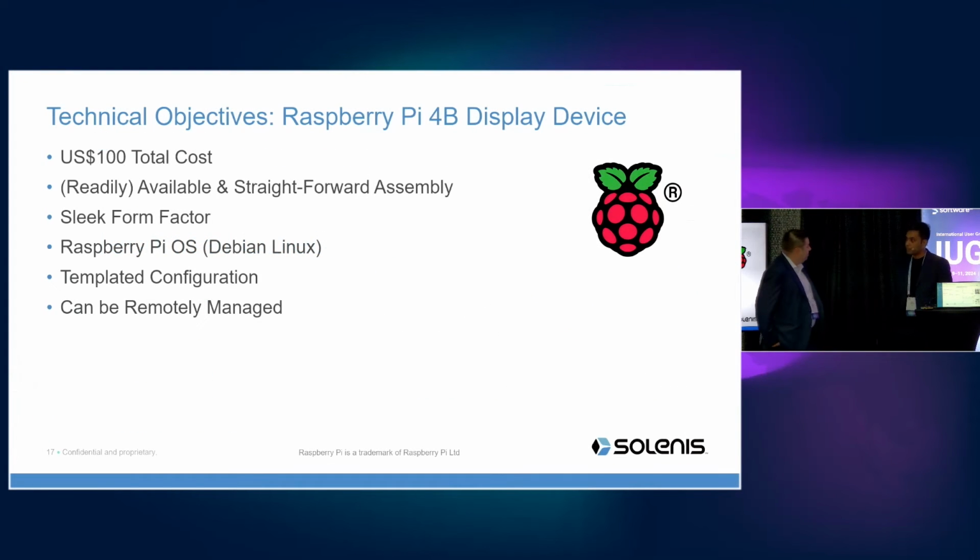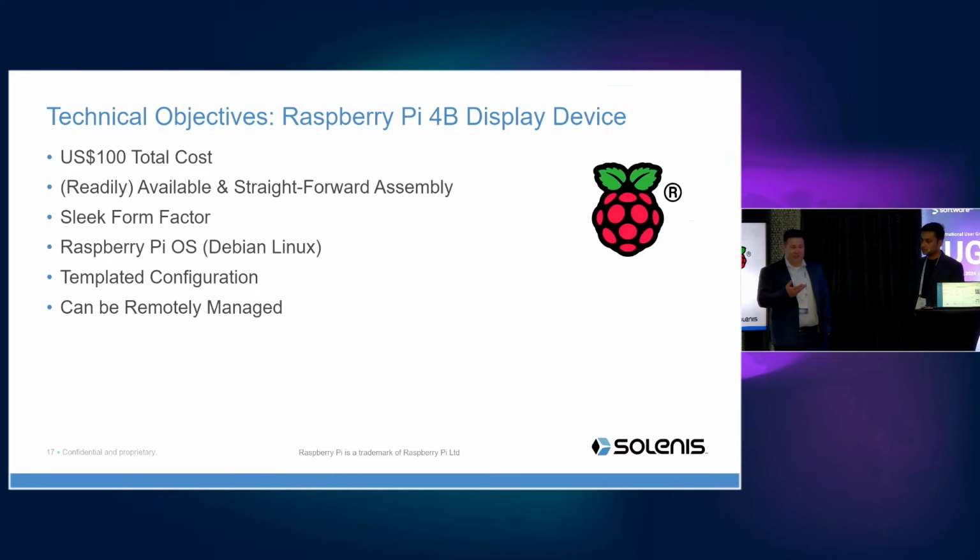Now we'll get into some technical objectives. Certainly we looked at what is the best form factor, what's the best way to deliver this. We settled on the Raspberry Pi. These things are great.